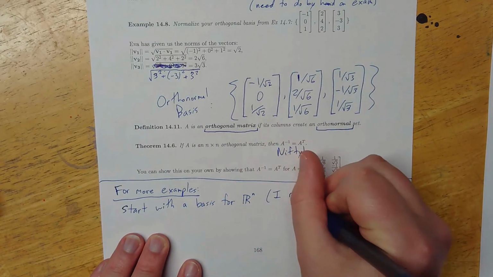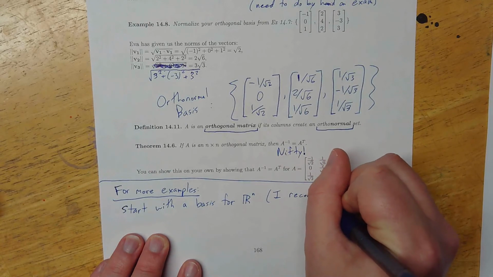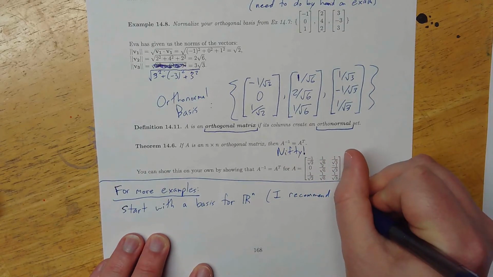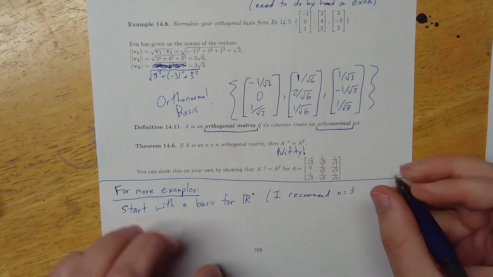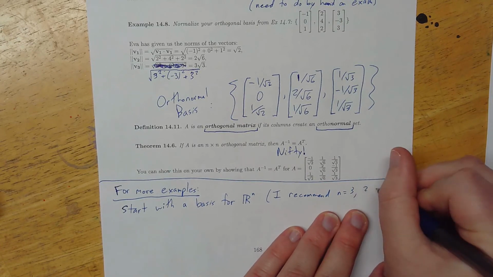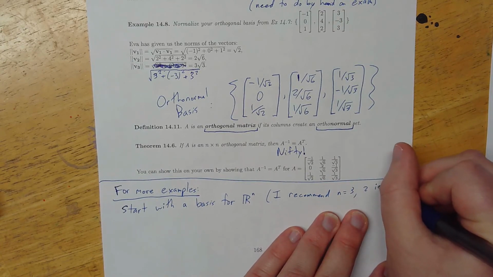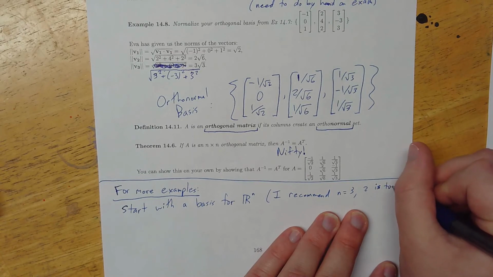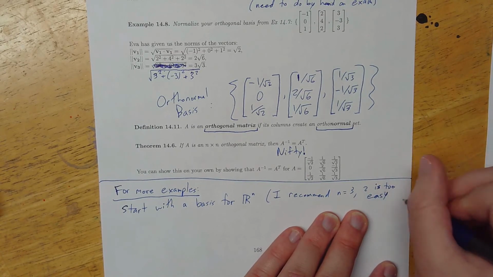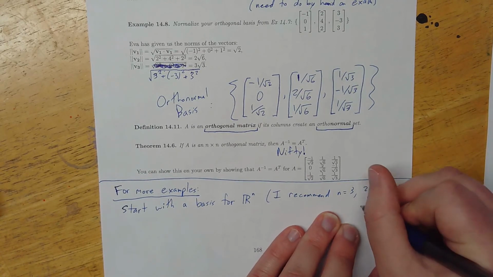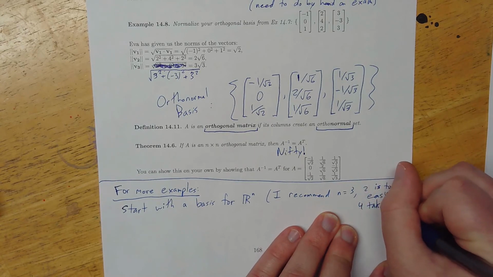I recommend you let n be 3. 2 is too easy, but 4 takes forever.